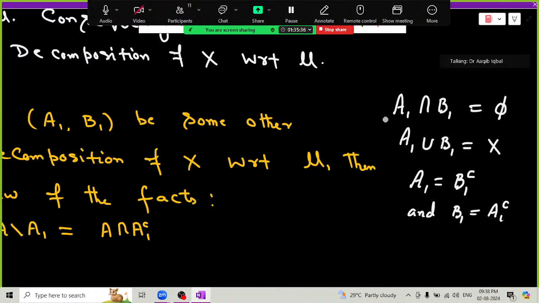Because they are disjoint and their union is X. So they must be complements of each other.